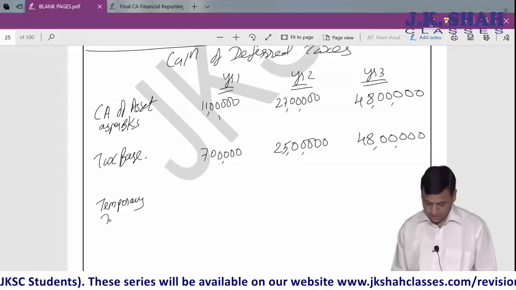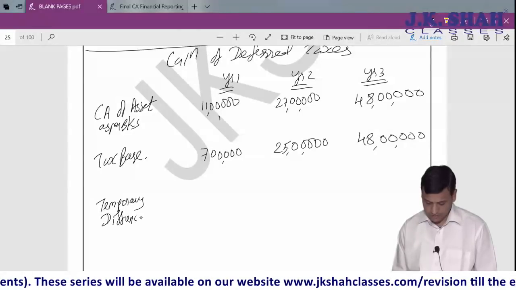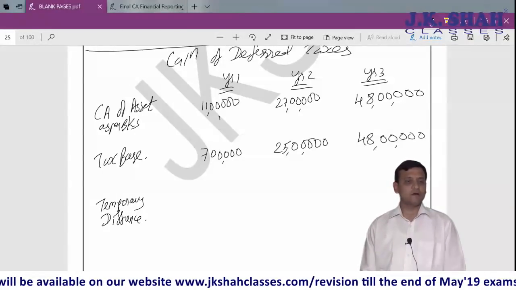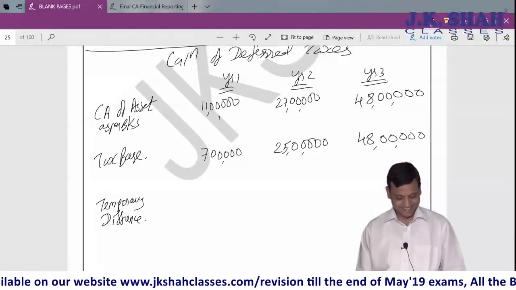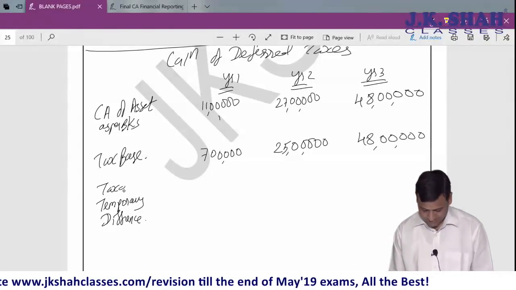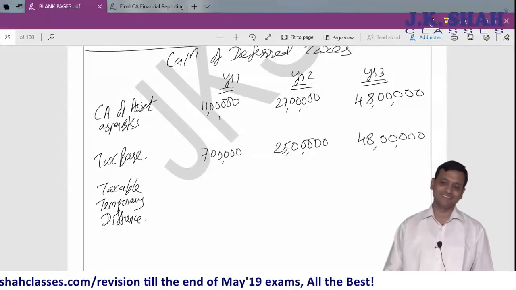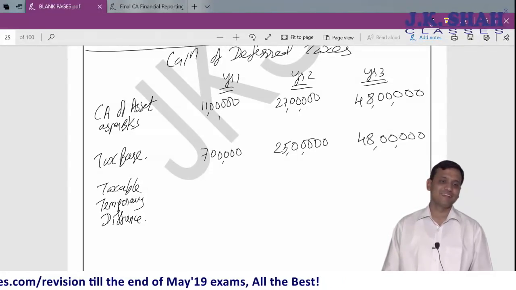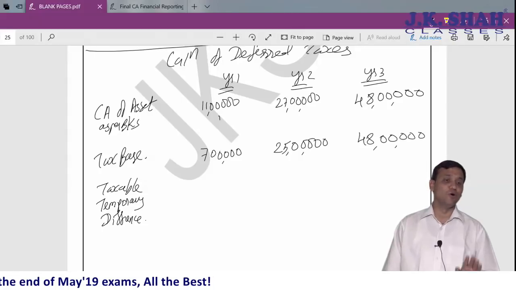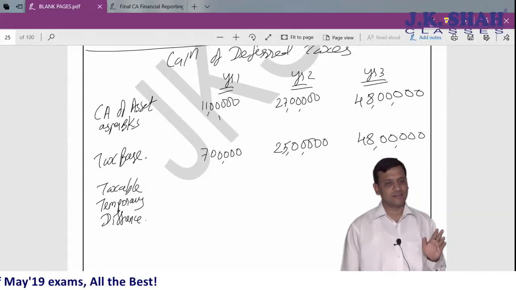Temporary difference. Which temporary differences? Taxable ya deductible? Madam, taxable. Why? Carrying amount of asset is more than the tax base.